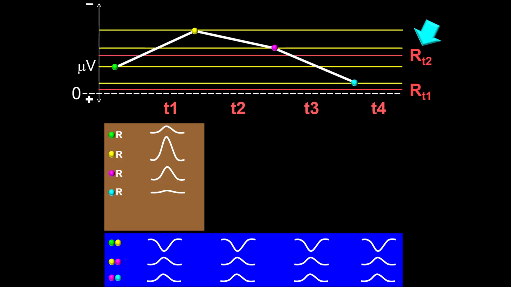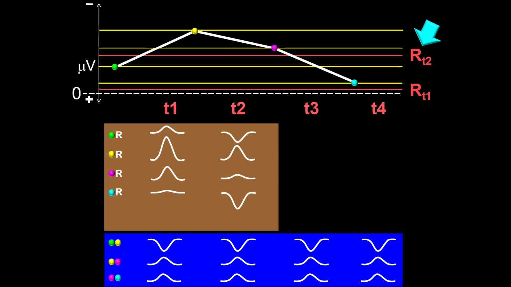Were we to change the reference electrode so that at time 2 it is at a more negative value, we would then get a phase reversal because some of the non-referential electrodes would be more negative and others would be more positive than the reference electrode. But in addition, the potentials recorded at both ends have the same polarity.